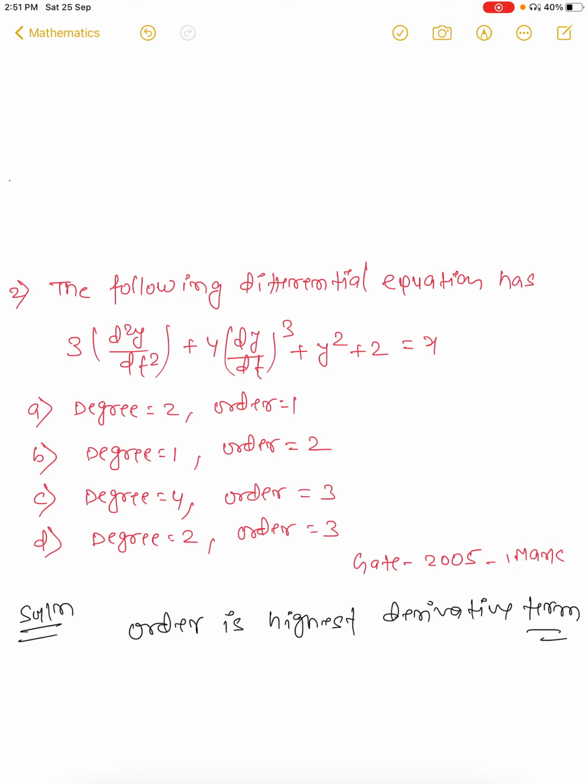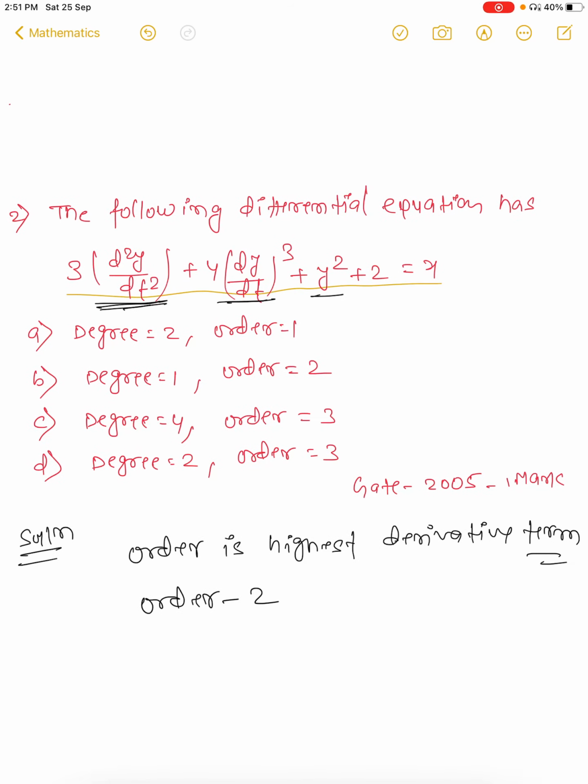So check it. What is the highest derivative term? Here it is the second derivative, and the other is the first derivative. So the second derivative means order will be two. And degree? Degree is the power of the highest derivative term.